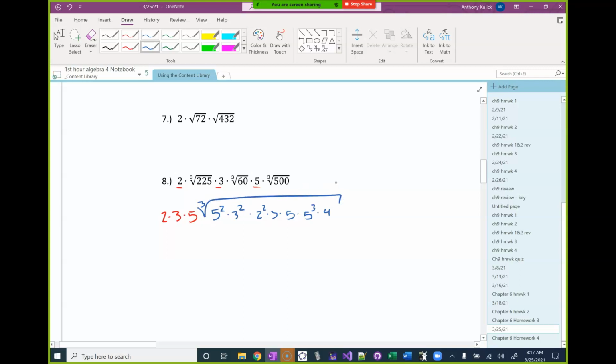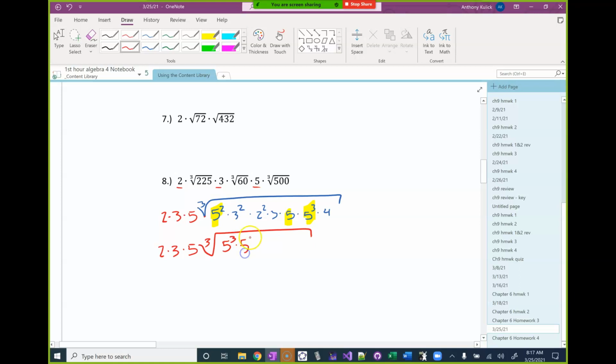And what I'm going to do is try to group things together in packets of 3. So I already have one 5 to the third right there. But I can take that 5 squared and that 5 to the first, excuse me, and make a 5 to the third. Okay with that, Walter?